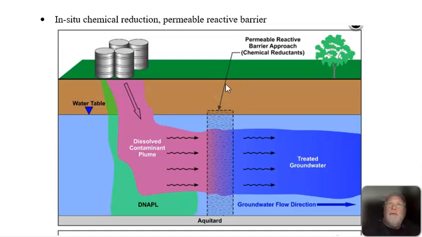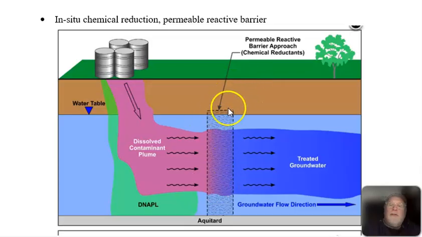It's not really a barrier to flow, it's a barrier to the chemical, where the chemical reaction will happen in there. So the chemicals either break down completely or they get transformed into an insoluble precipitate and they settle out. So bad water goes in, clean water comes out.